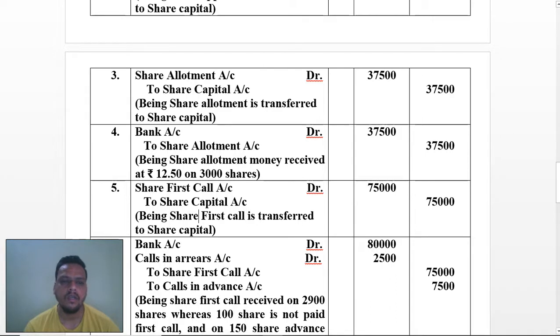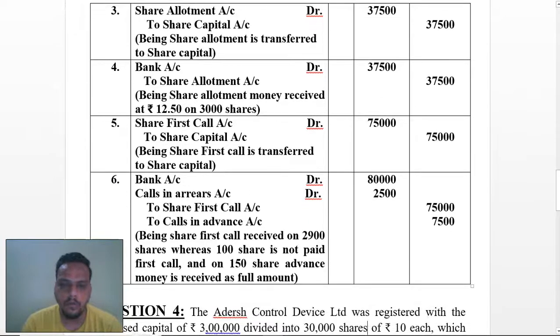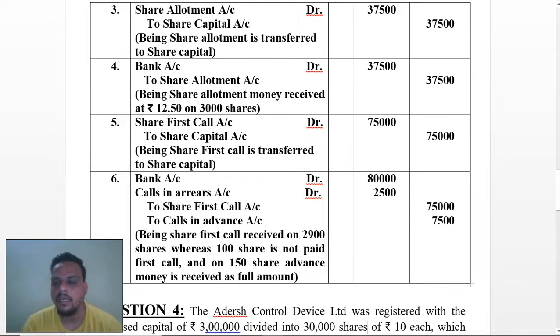Here the first entry of due will remain the same, but in receiving amount there has been a little bit of change. You will receive for 2,900 shares of rupees 25, and then 50 rupees into 150 shares is equal to 7,500. You have added that amount, it will remain as 80,000 rupees.